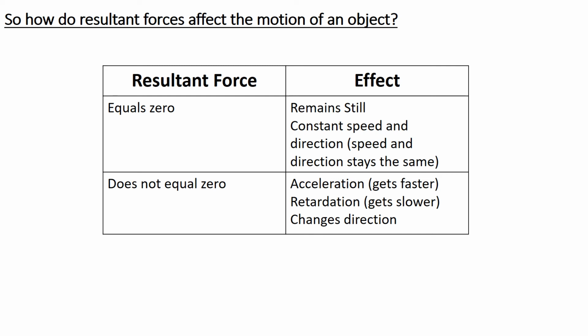If it equals 0, something stays stationary, it doesn't move, or stays moving at a constant speed in the same direction, everything about it stays the same. If it doesn't equal 0, we talk about it accelerating, getting faster, or it could cause a change of direction of our object, or it could cause what we call retardation, which means slowing of our object as well.